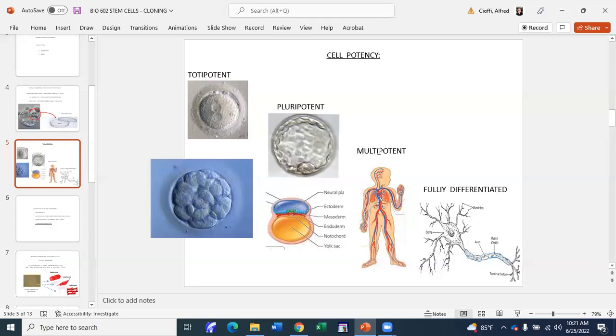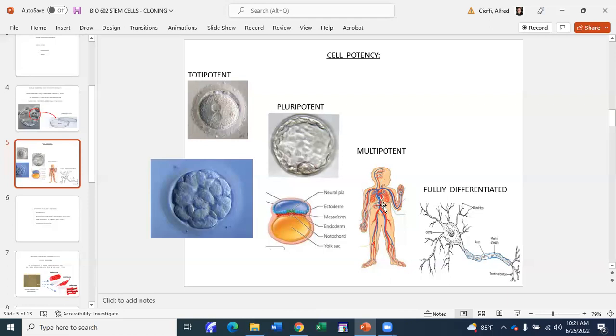So there is still potential for being any one of those neurological cells in the nervous system, but only within the nervous system. And the same case is made for any one of the other systems of the body, right?